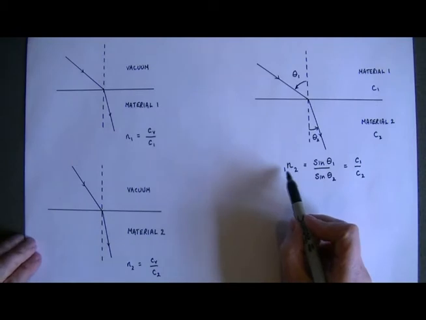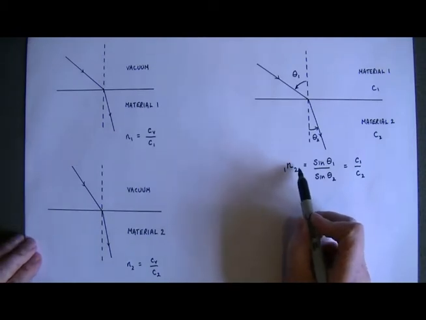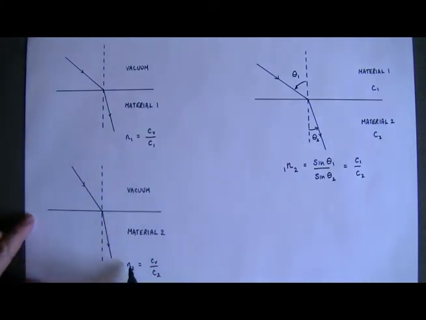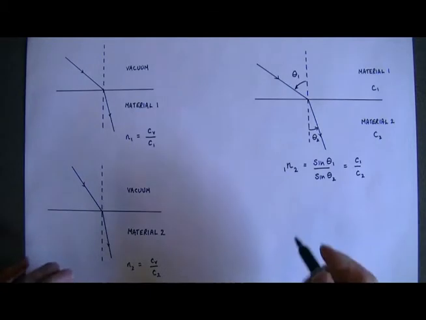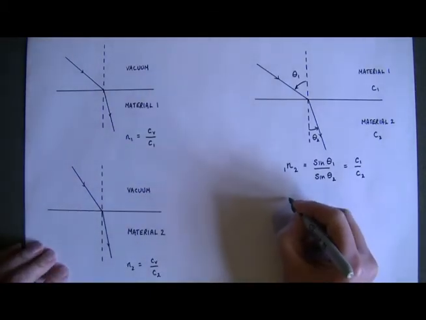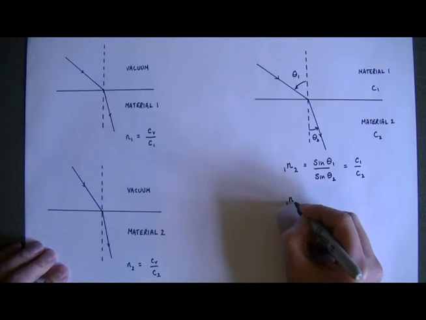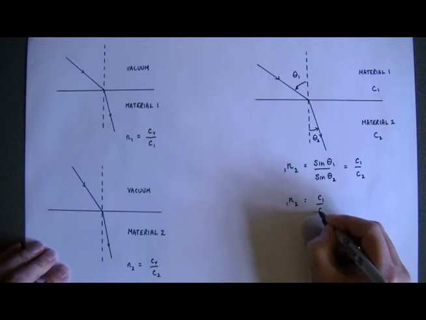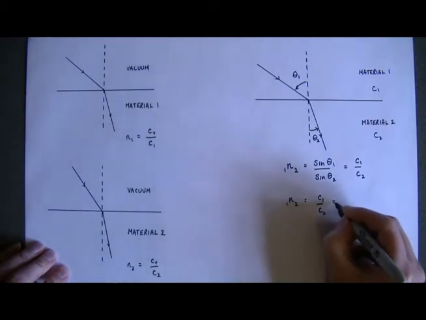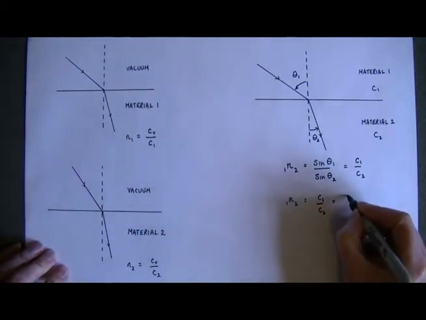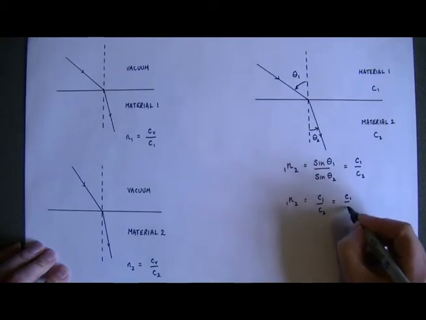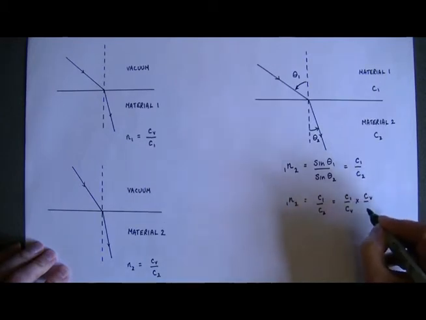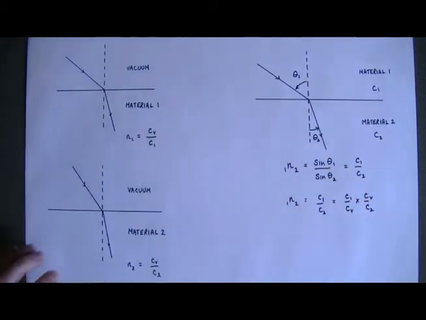So how does this refractive index here for these two materials relate to the absolute refractive index for the two materials? Well, I can say that the refractive index n from 1 to 2 equals C1 over C2, which equals C1 over Cv times Cv over C2.